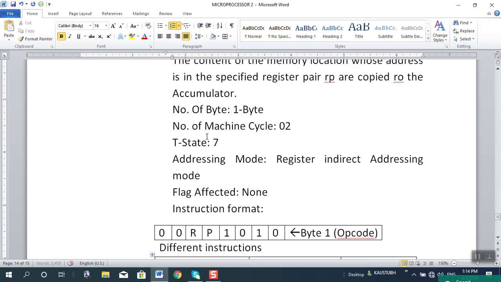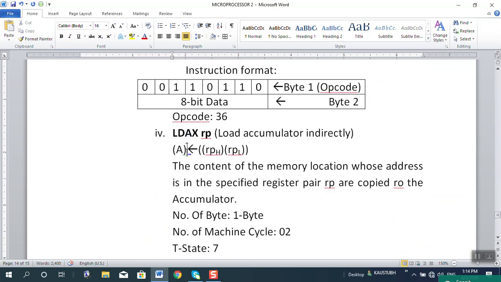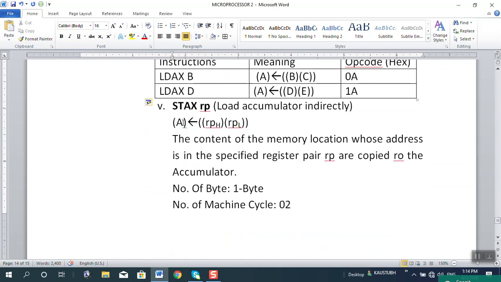As I explained, all the opposite instructions are also there, like STA, like MOV M, A. So it will be store accumulator indirectly.